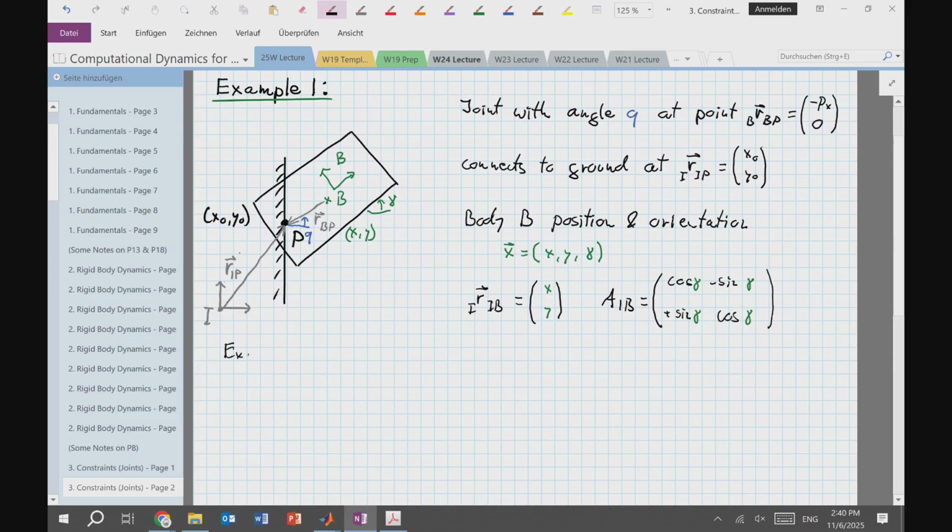How do the explicit constraints look like? How can I compute x from Q?